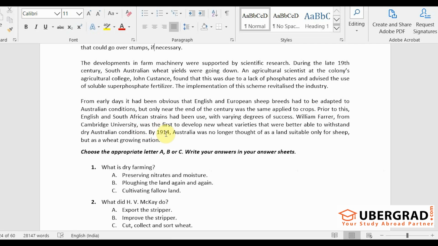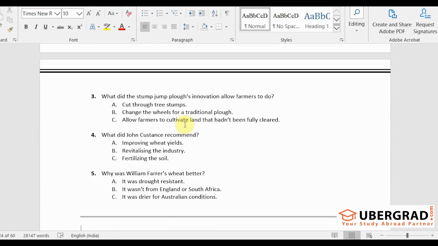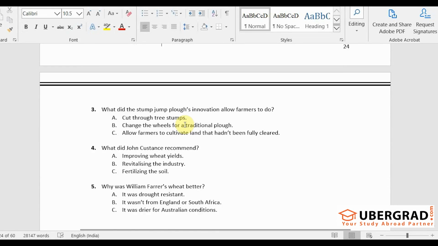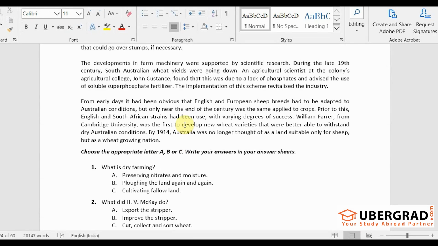Okay. So by 1914, Australia was no longer thought of as a land suitable only for sheep, but as a wheat growing nation. So he developed new kinds of wheat. The question says, why was William Farrer's wheat better? So read these statements over here.